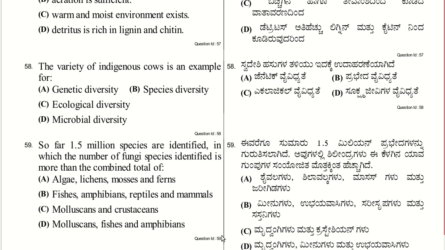So fungi species is much more dominant in number of species. Put together all the species of fishes, amphibians, reptiles and mammals. 59th, B is the answer.